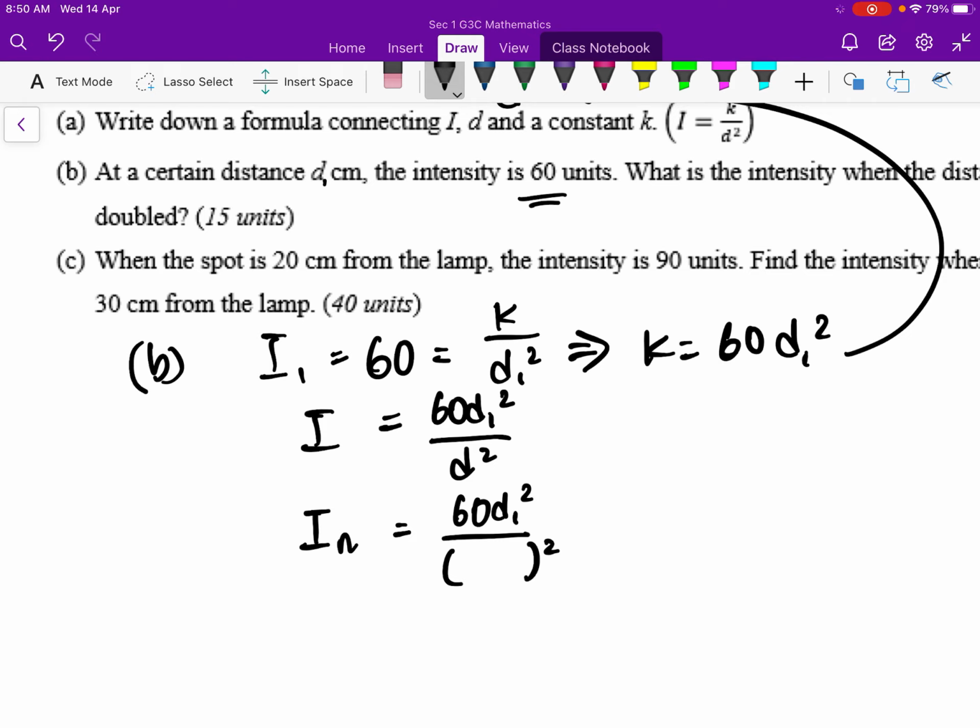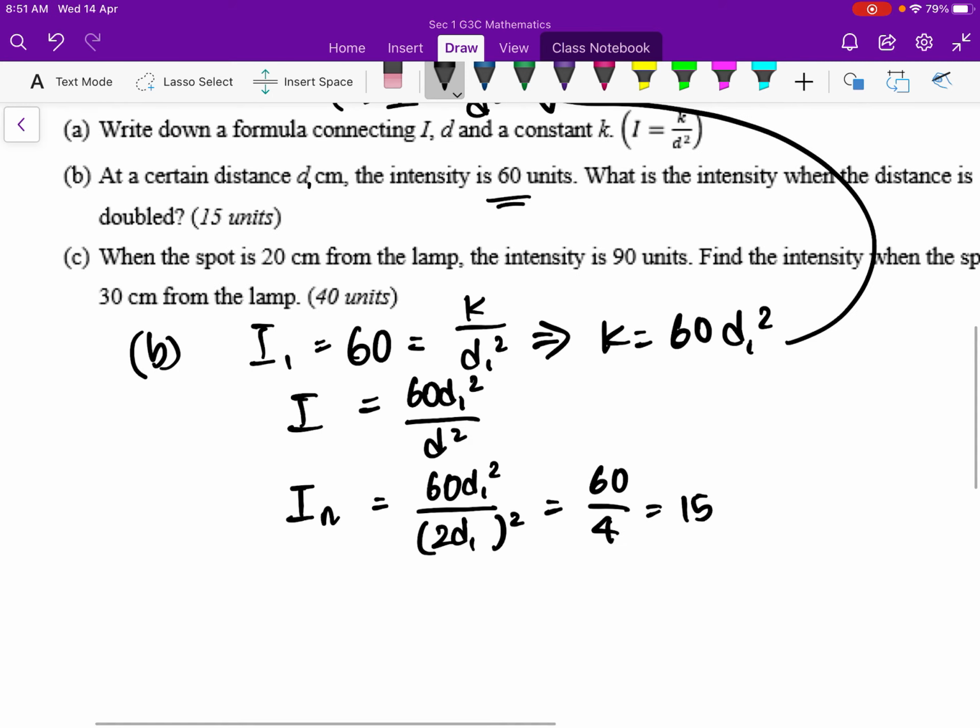Now what is the new distance? It is actually double of the old distance. So 2d1 over here, the old distance. And this gives us 60 over 4. That's 15. So the new intensity is 15 units. Whatever the units is.